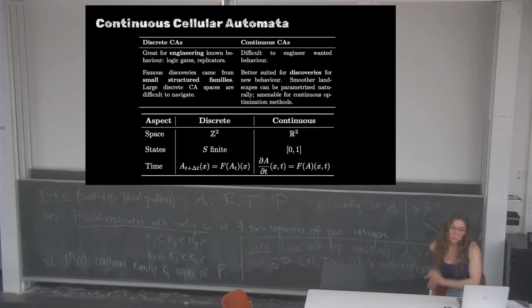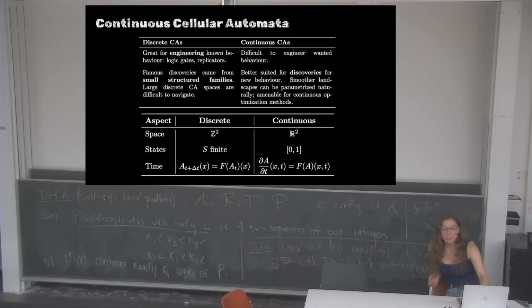But first of all, what do I mean by continuous cellular automata? There are different combinations of what can happen. There are essentially three aspects we can look at. There is the space, which in the discrete case is just the integer lattice, the states, which are a finite set, and time, which is just discrete updates.